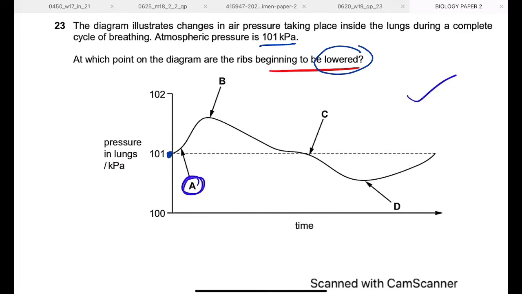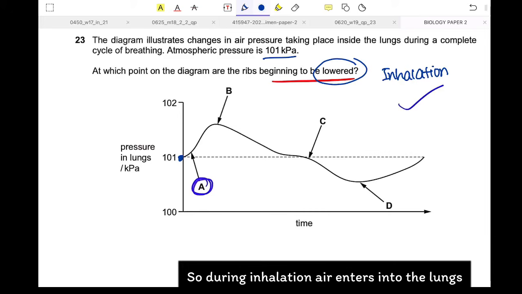Okay, so basically in inhalation versus exhalation, in inhalation the volume of the thoracic cavity increases so that the pressure decreases and the atmospheric air can enter into the lungs. So in inhalation, air enters the lungs, and this is mainly because volume has to increase for the pressure to decrease.